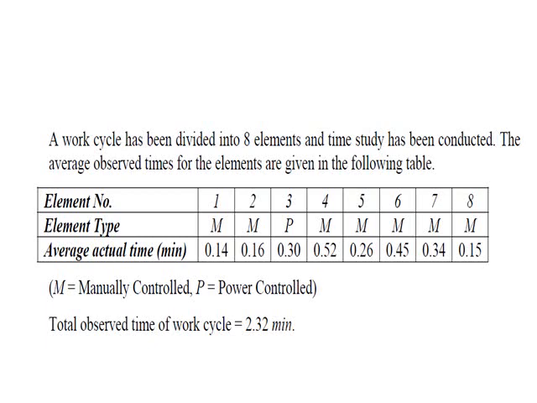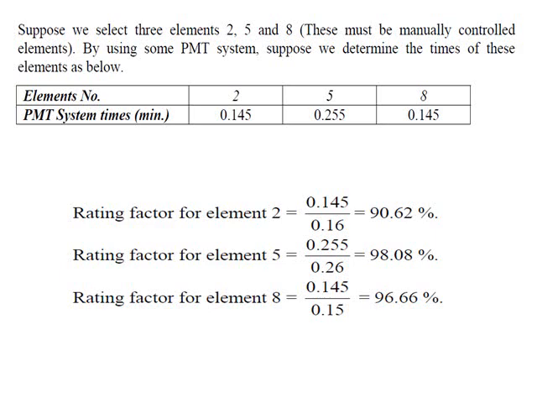We need to find the rating factor. Suppose by using some predetermined motion study methods, we know the time usually taken for elements 2, 5 and 8 of the 8 elements shown before. For element 2 the PMT time is 0.145, for element 5 it is 0.255, and for element 8 the predetermined time is 0.145.